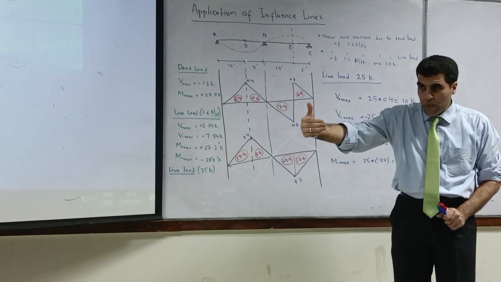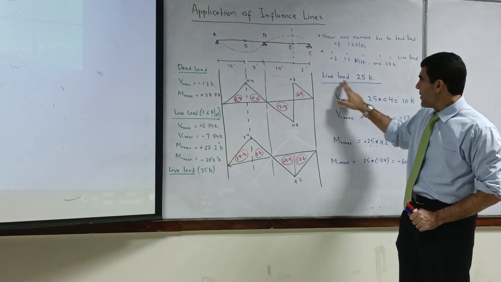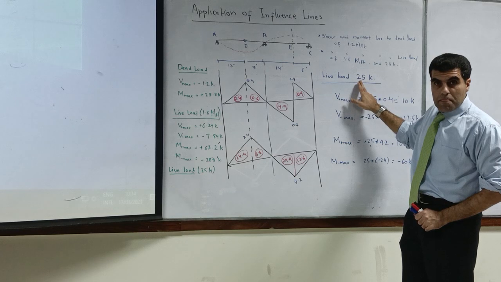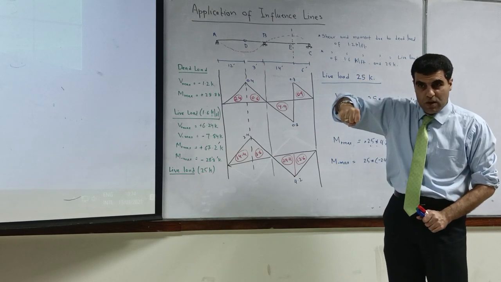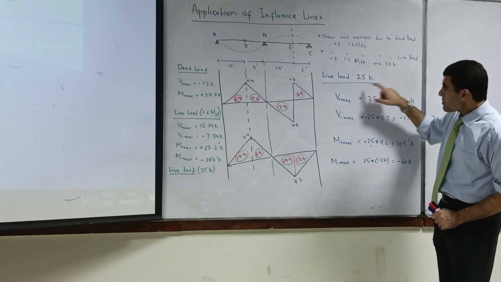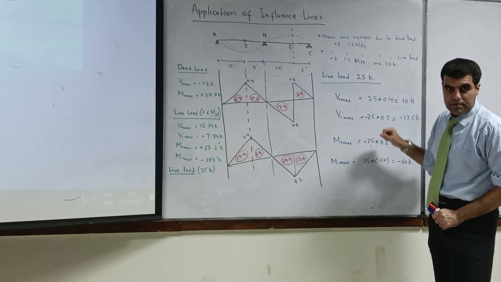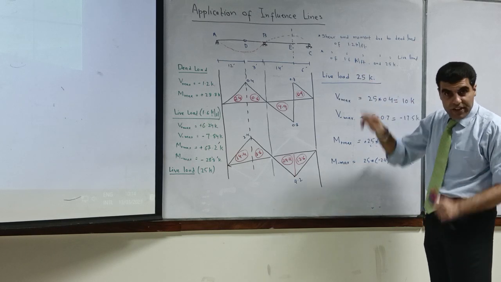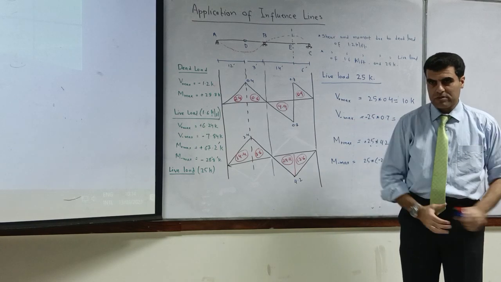This might be the weight of some car which is moving. Okay, so this is different. Or this might be a forklift lifting some weight and then moving along. That's why it is only at one location. That live load is at different locations. It can be everywhere. You can spread it around.